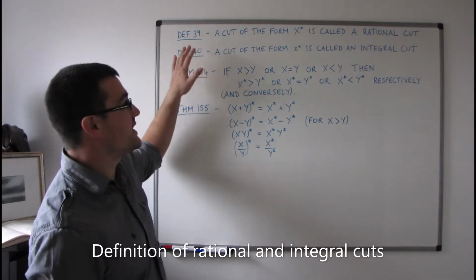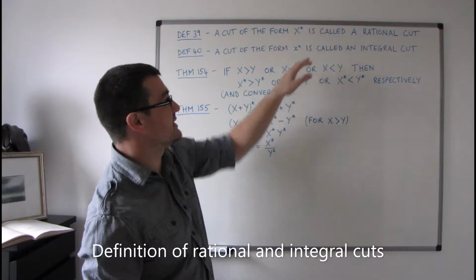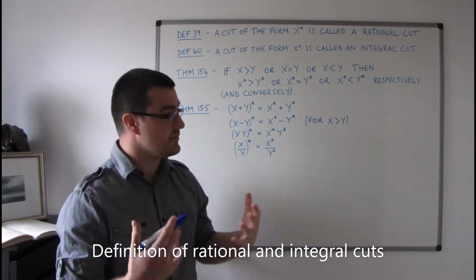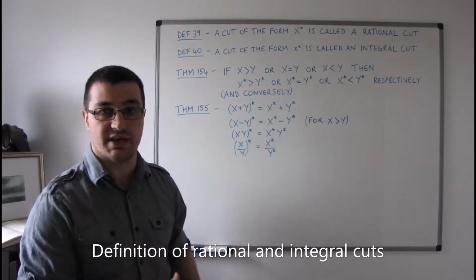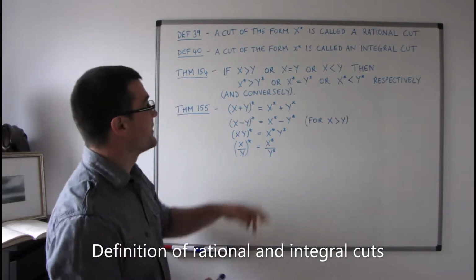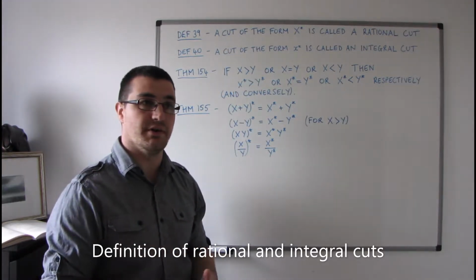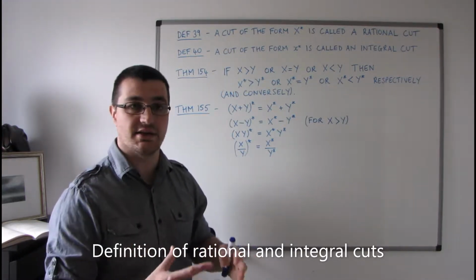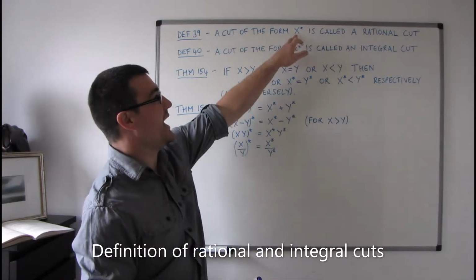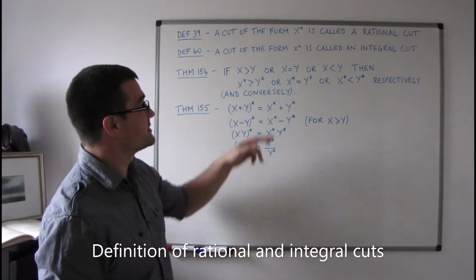Definition 39 says that a cut of the form capital X star is called a rational cut. If you remember the notation that was introduced in the last video, the cut X star is the set of rational numbers which contains all rational numbers less than X, which we showed in the last video is actually a cut.